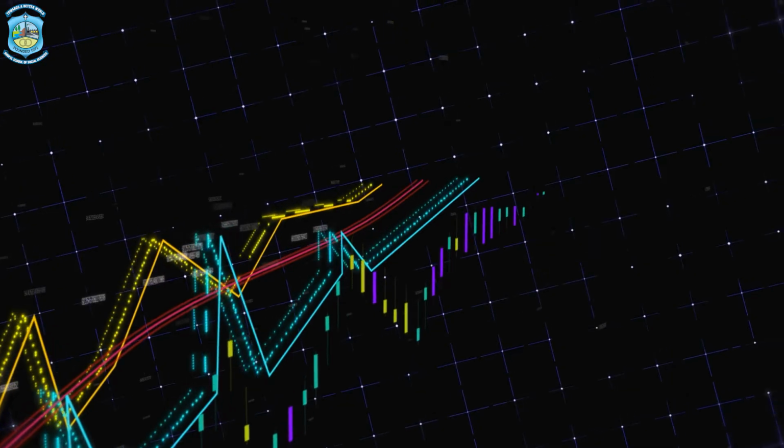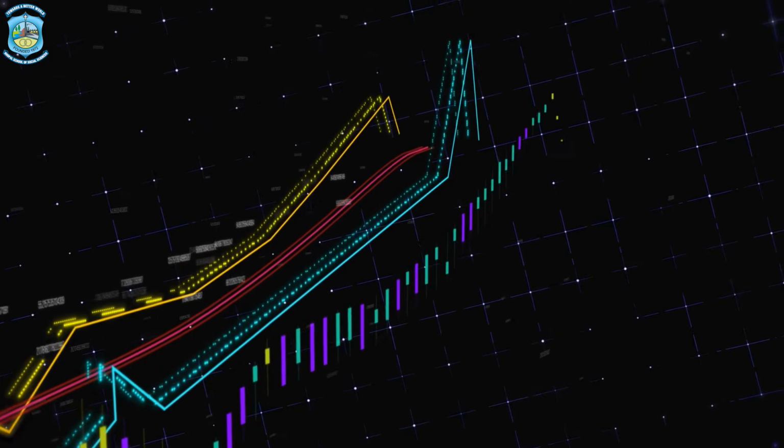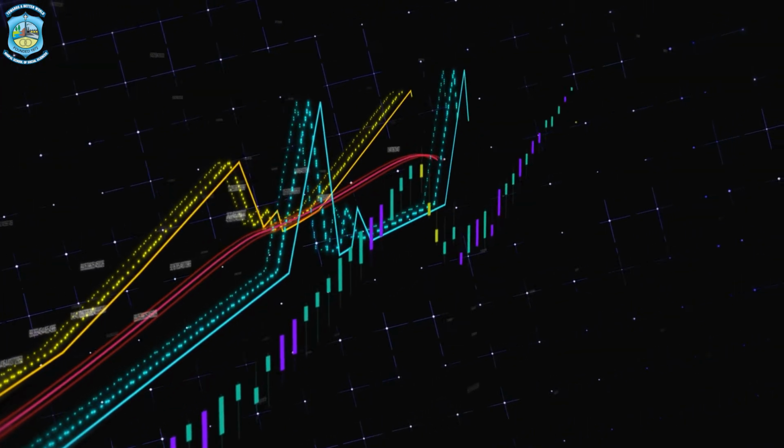In LDCs, this ICOR is very high because a lot of investment is on SOC, as I just said, and the gestation period, that is the difference between the time of investment and the returns that start flowing in, is very high. As a result, ICOR is very high in developing nations as compared to developed nations.